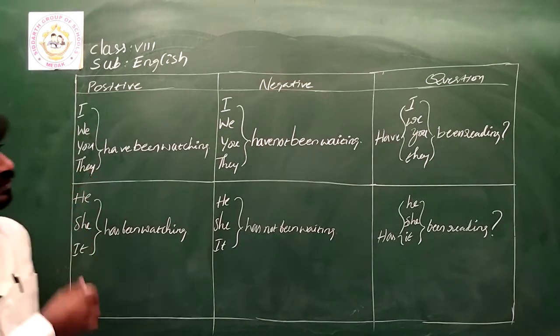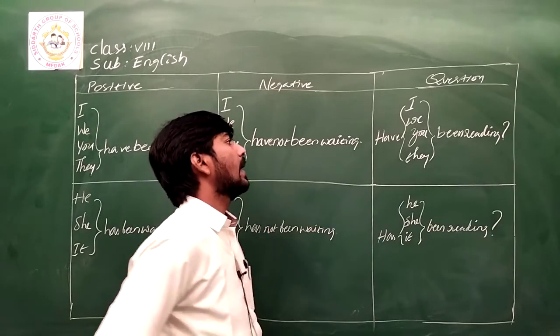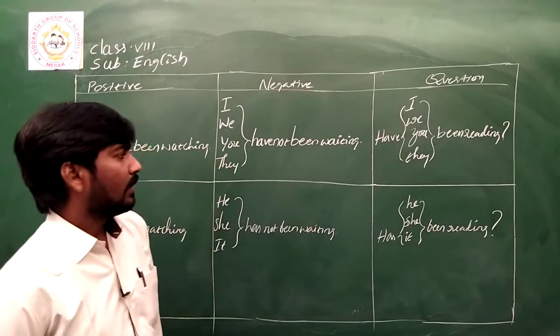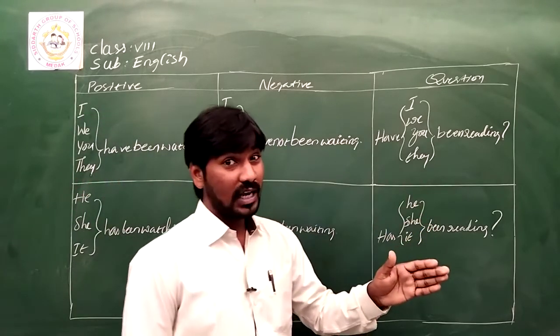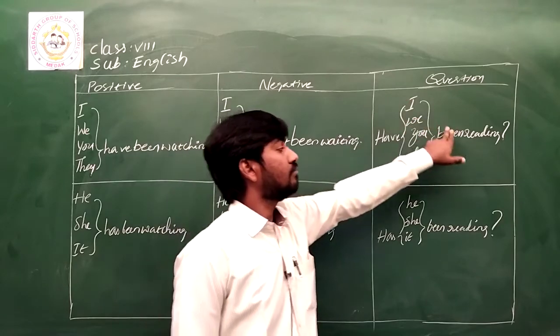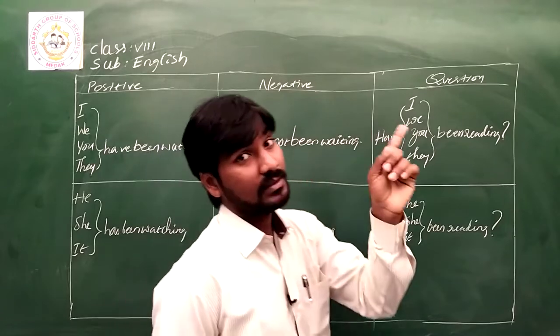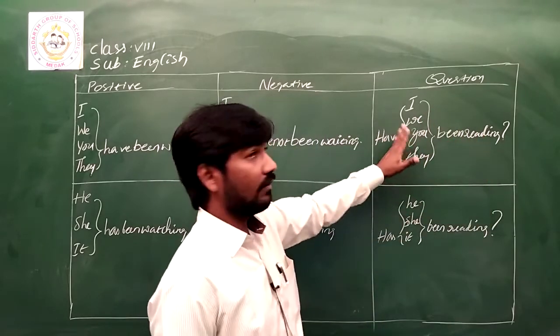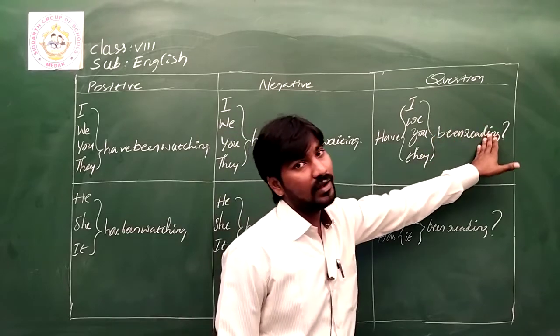Same when you want to frame a question form by using this present perfect continuous tense, the auxiliary verb will come first. So have I been reading, because the structure is subject, have or has, been plus V4. So the auxiliary verb comes first: auxiliary verb, subject, been, and V4.